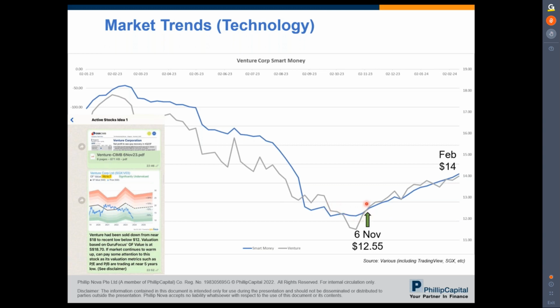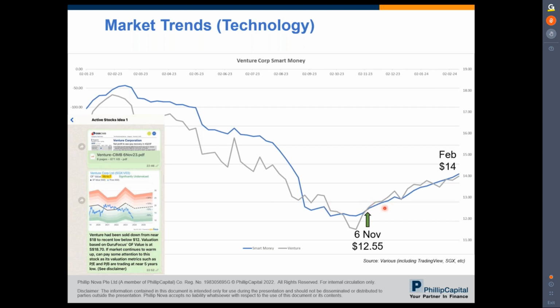So as Venture breaks above the first key resistance level, it alerts me that there are possible opportunities for this stock. Of course, a lot of the time we want to be more confirmed, so we can wait for the second key resistance point to be broken through.